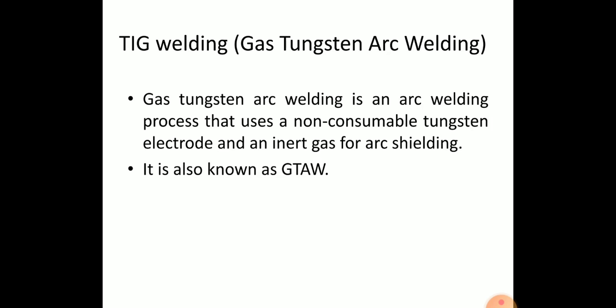In this process, welding heat is produced from an electric arc established between the tungsten electrode and the job. A shielding gas, argon, helium or nitrogen, is used to avoid atmospheric contamination of the molten weld pool. Filler metal, if required, is fed separately.